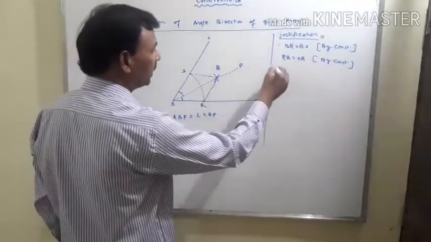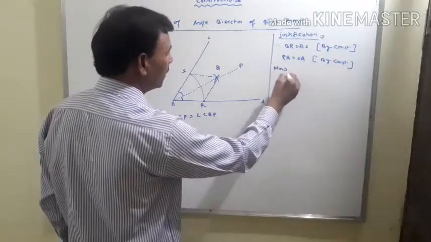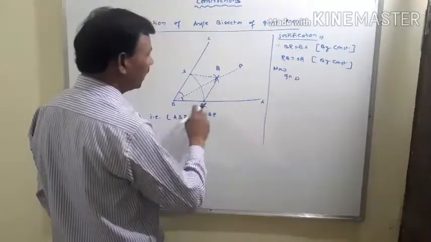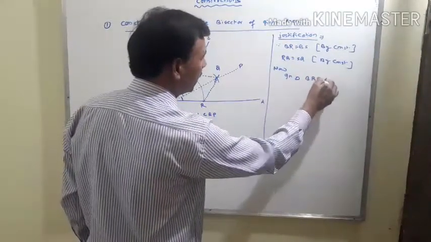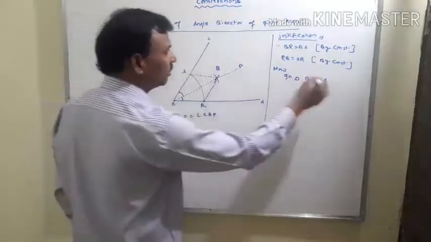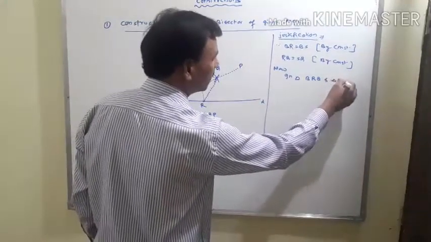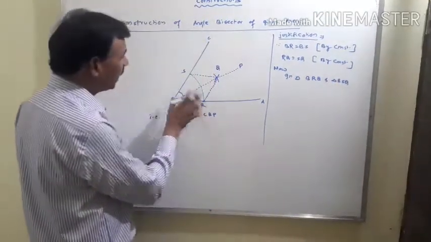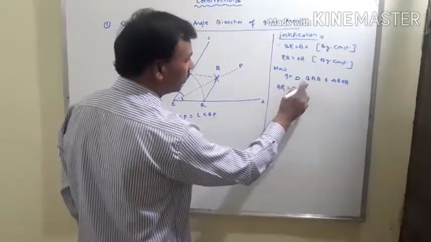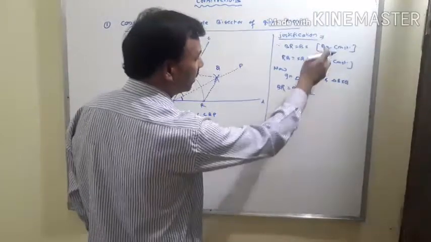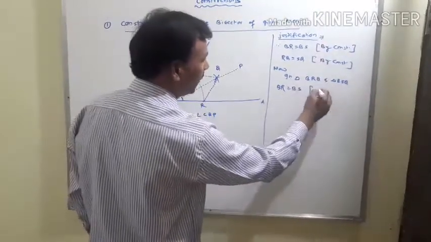Now we will take triangle BRQ and triangle BSQ. BR equals BS, already discussed here by construction.